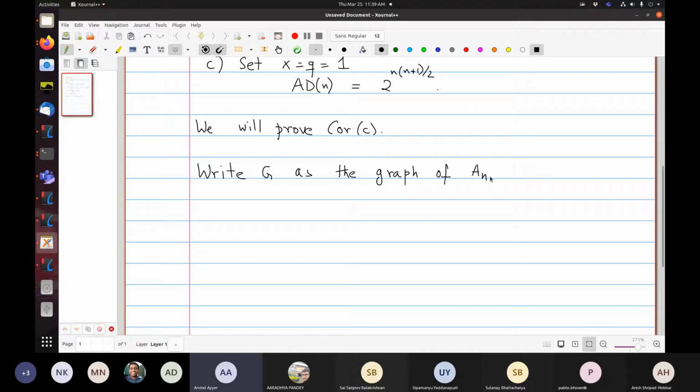I mean the graph of AN with vertex set, I'm not putting a subscript, I'll fix that, the pairs (a, b) in Z2 with mod a plus mod b less than or equal to n plus 1, and the obvious edge set.